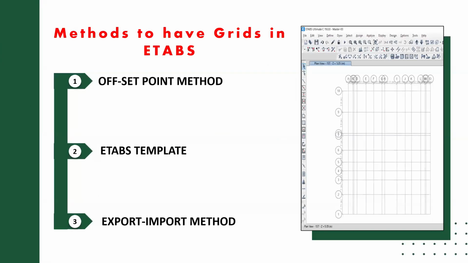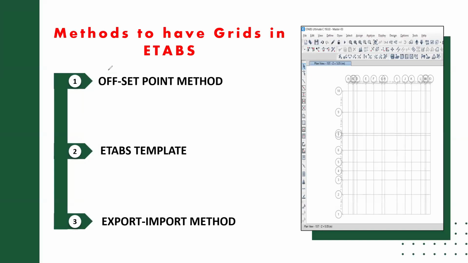Now you may ask, sir, what to do with these methods? Either I go with the offset point method, the ETABS template option, or the export and import method. Their utility is based on the type of the project.